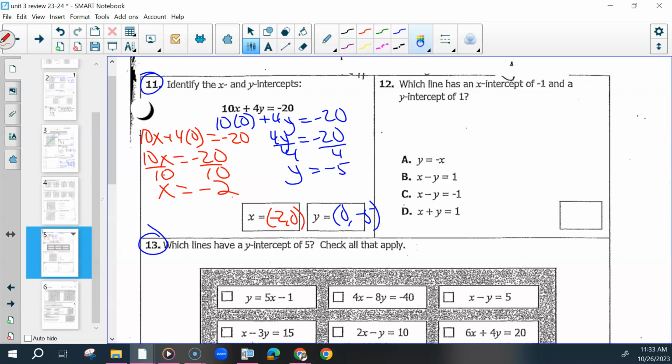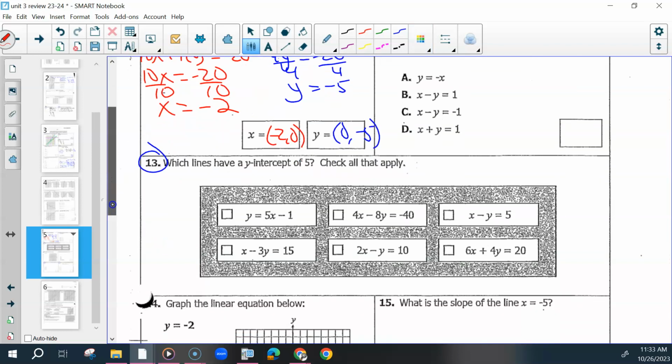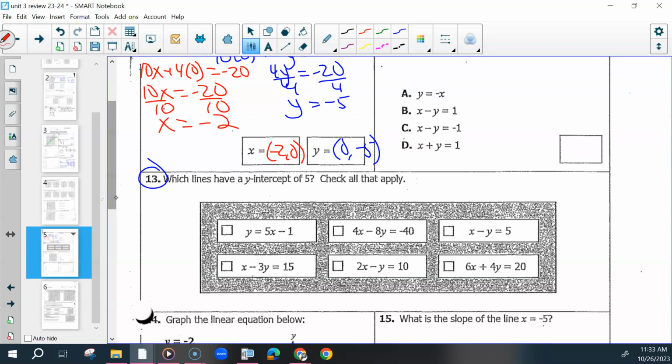For number 13, you have a few different choices. One, if it's in slope-intercept form, you can see if it has a y-intercept of 5, which this one does not. If it's not in slope-intercept form, you can either convert them all and find the y-intercept, or graph them all by converting. This is practice, so you could use Desmos.